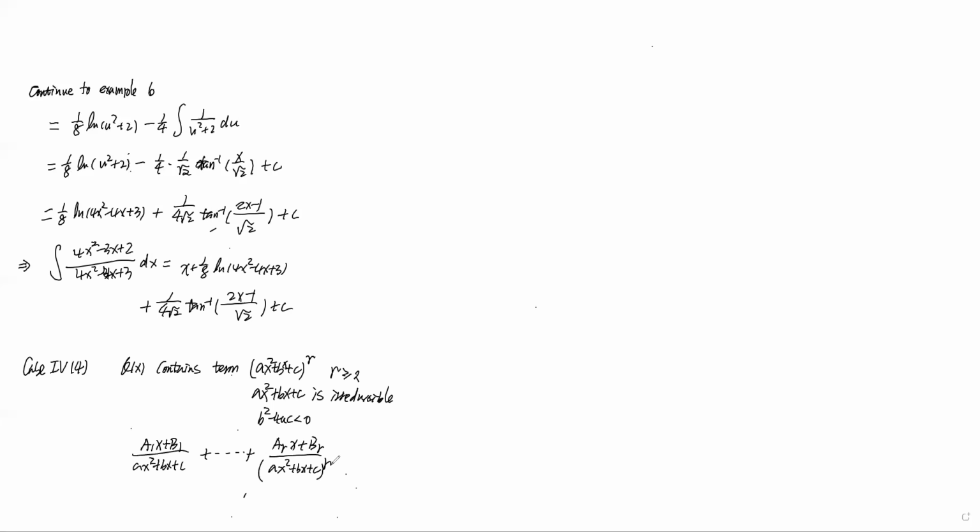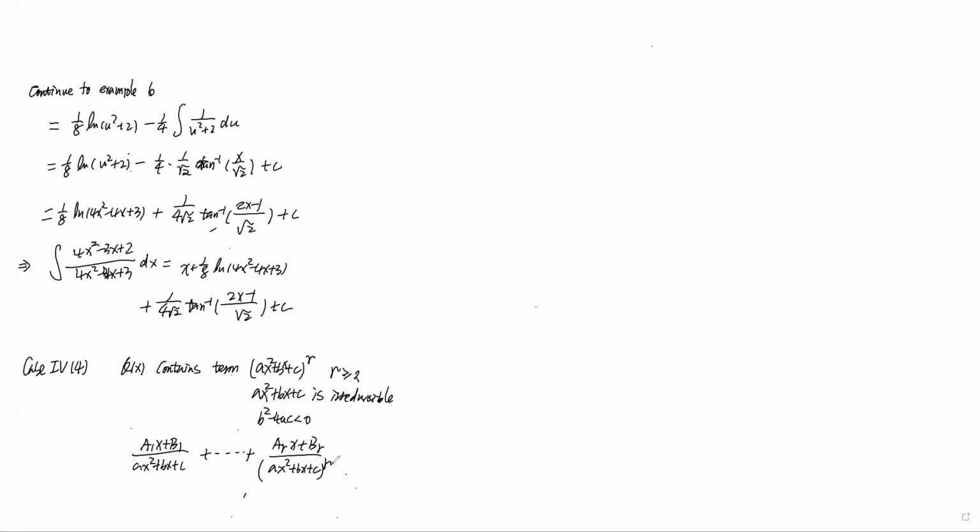If you compare this case with case 2, it is kind of parallel. In case 2, the linear factors are repeated, but here the irreducible quadratic forms are repeated, right? The same.